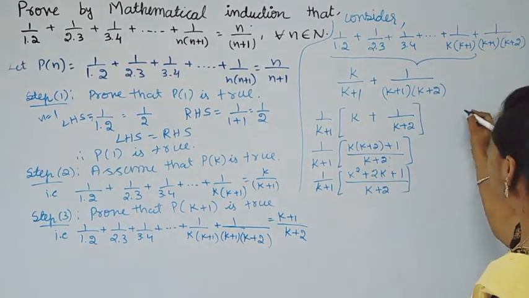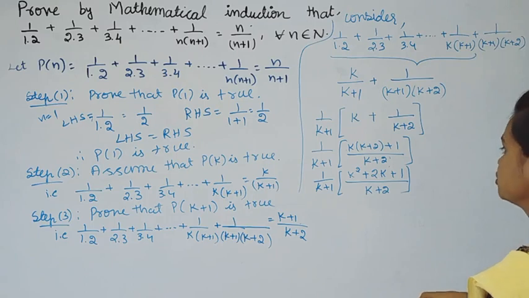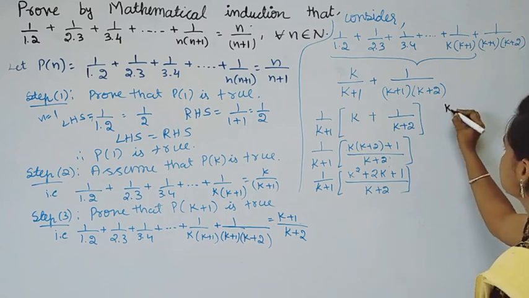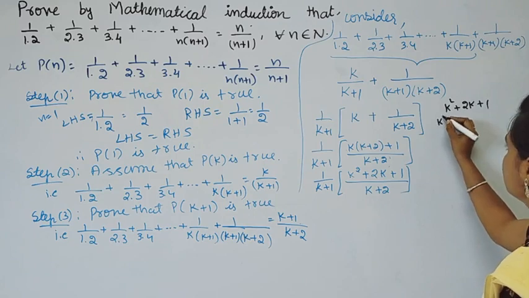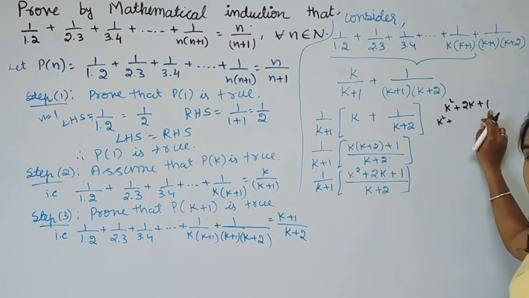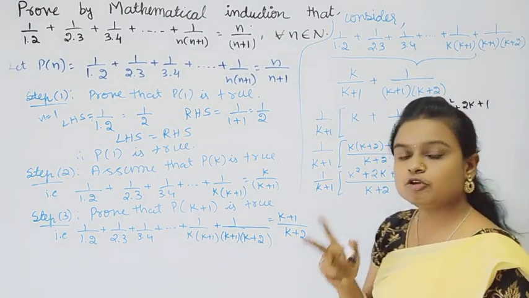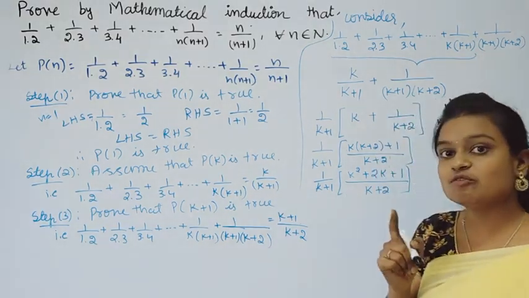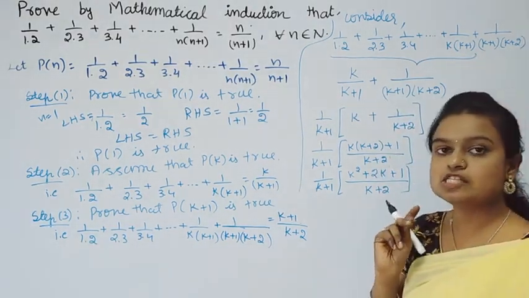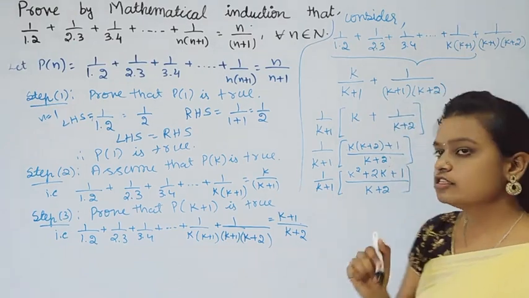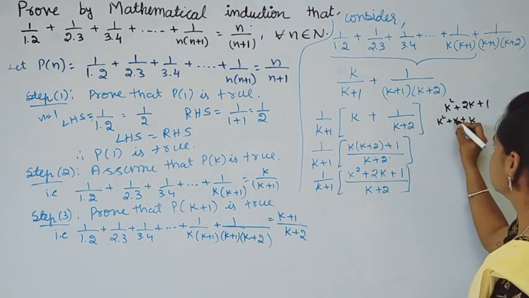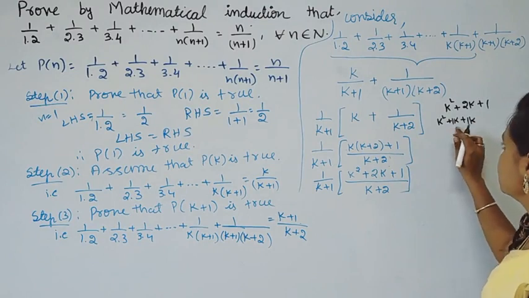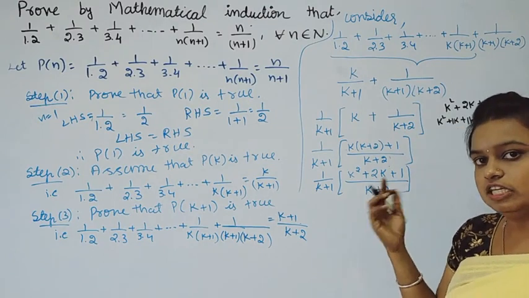Okay, so now you have to factorize k square plus 2k plus 1. So how to factorize? Here we have 1. If you multiply two numbers, you must get 1, and if you add two numbers, you must get 2. So 2k can be written as 1k plus 1k, because 1 ones are 1, and 1 plus 1 is 2.